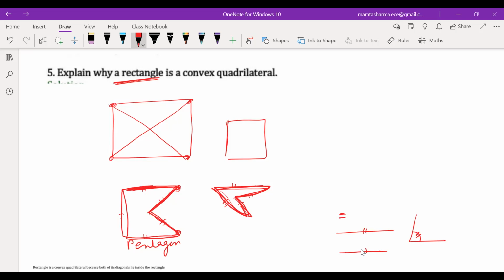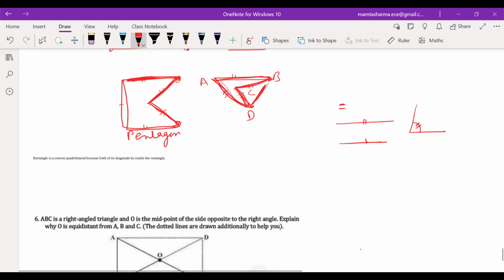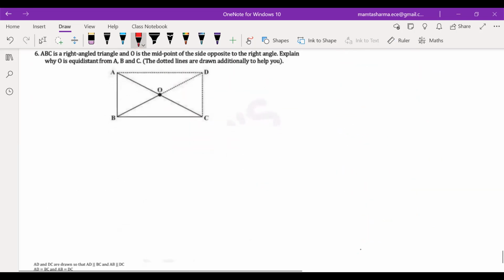We are concerned about the quadrilateral, and you can give the name. Now see, this is the concave, because here one of the diagonals is lying outside the shape. Okay, clear?